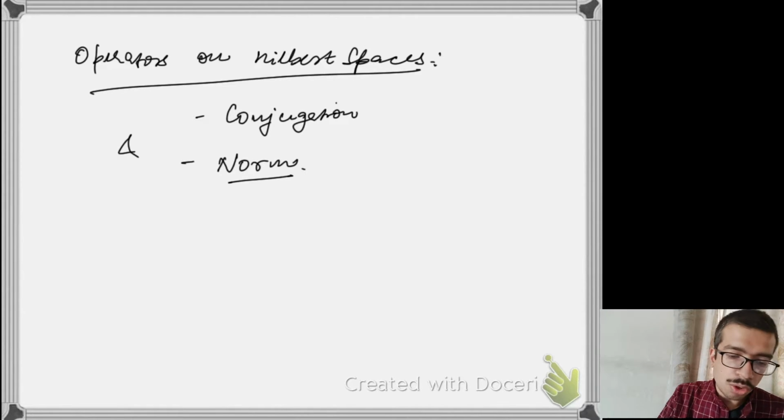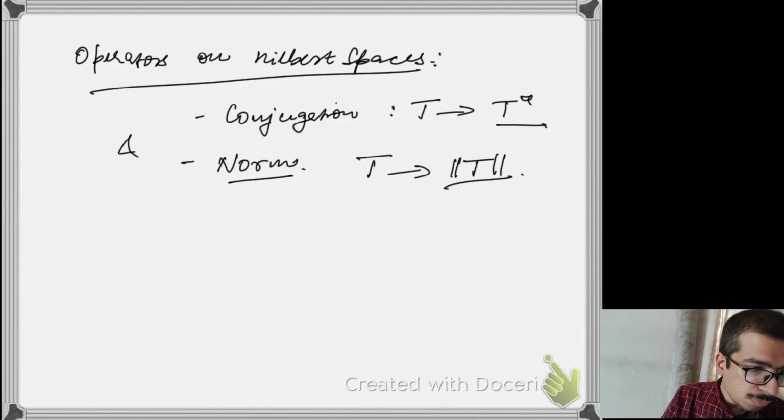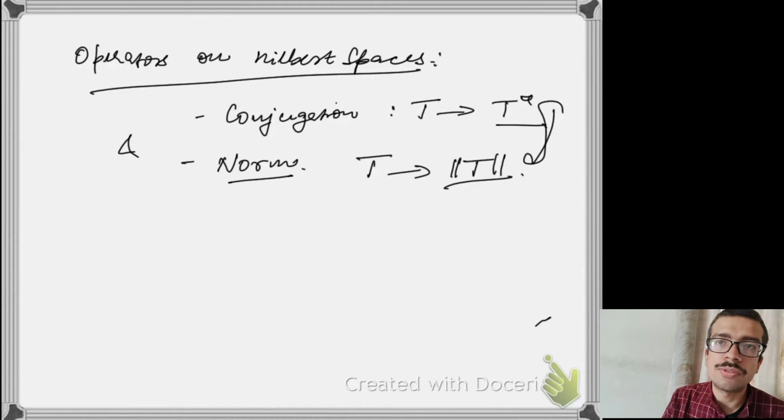A conjugation operator will map T to T star, its adjoint, and the norm operator will give me the operator norm. And there must be some properties which are consistent between these four classes of operations we have seen: vector space, ring, conjugation and norm. We will see what these are as we formally define the notion of a C-star algebra.